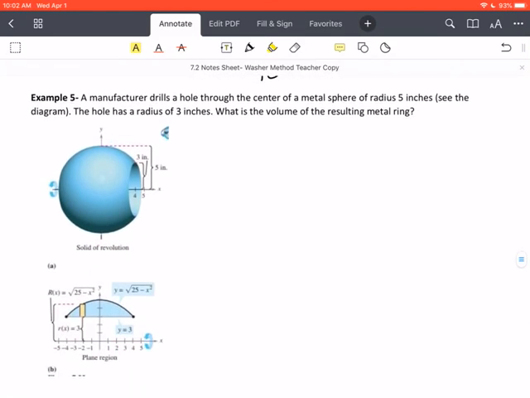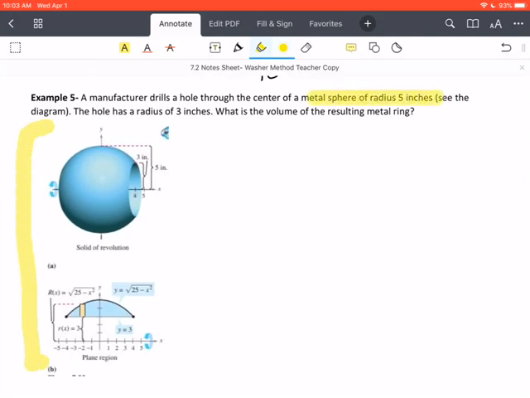On question 5, we see that this is kind of a story problem. The manufacturer drills a hole through the center of a metal sphere that has a radius of 5 inches. They do give us these nice diagrams that ultimately give us the equation of the sphere.